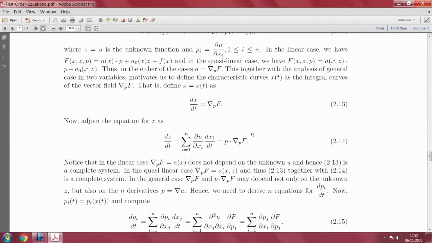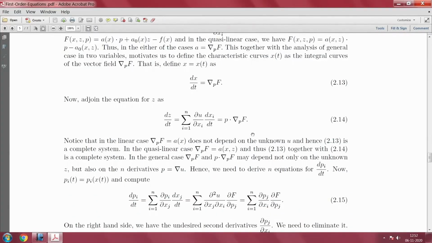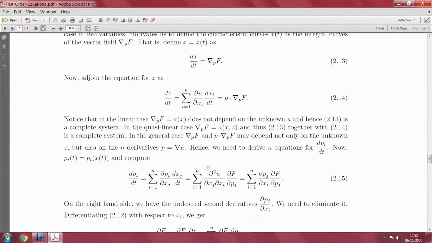So, you again describe the characteristic equations, and now you have n equations coming from the x variables and one from the solution, and then there are n equations coming from the first derivatives. This was not there even in the Cauchy linear case.